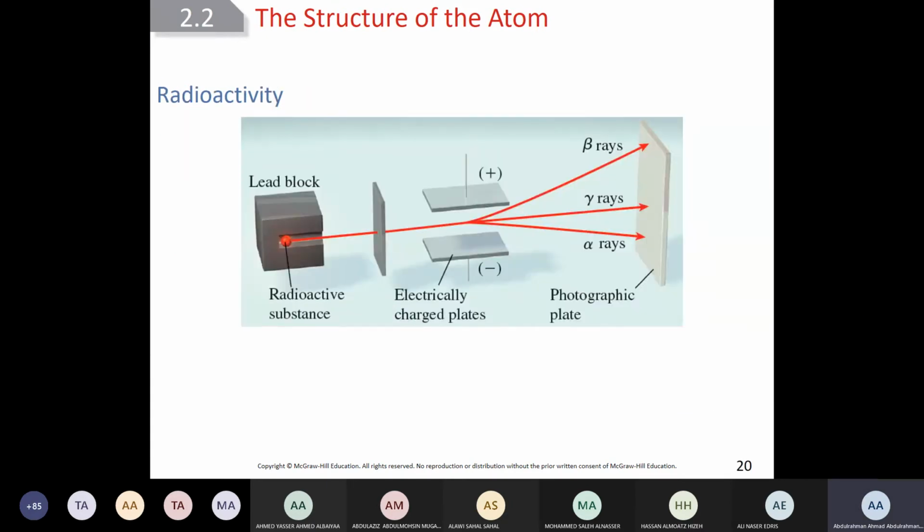Okay, then another big work was done by Mr. and Mrs. Curie. Curie was dealing with uranium, and they found that if you keep uranium by itself, it will give you radiation. There will be radiation coming out, which is called alpha rays, beta rays, and gamma rays.